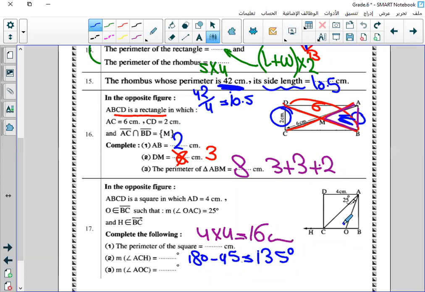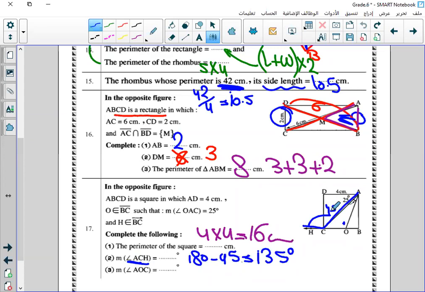We should do 180 minus 90 plus 45, the 90 of ADC. Which question? Number 17, point 2. He wants the measure of angle ACH, this angle, 45. Okay.